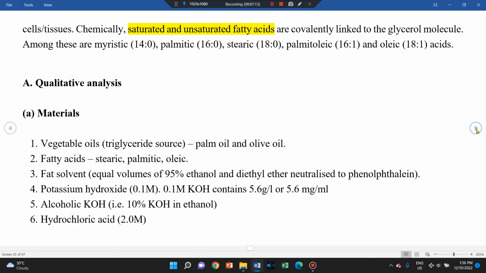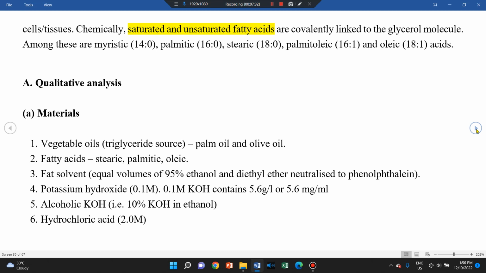Okay. Moving on, the fatty acids linked to the triacylglyceride vary in terms of number of carbons and also saturation and unsaturation, and there are some examples there.